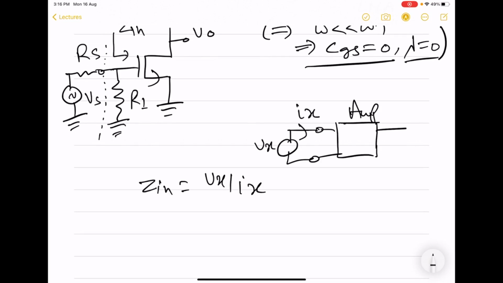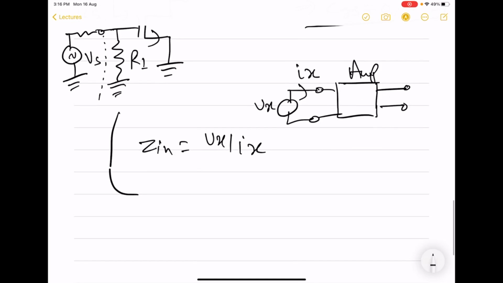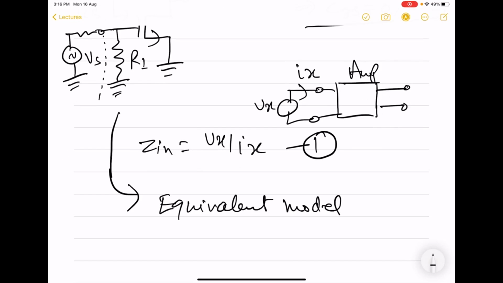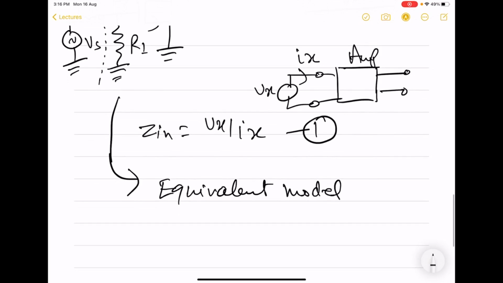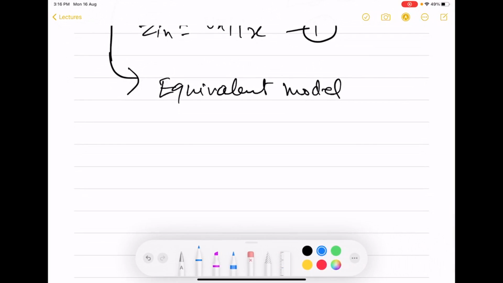So this is what we are going to do on the input side. So now for this amplifier, we have to draw the equivalent model, and then apply this equation 1 for finding out the Z in. So we now draw the model of the MOS.